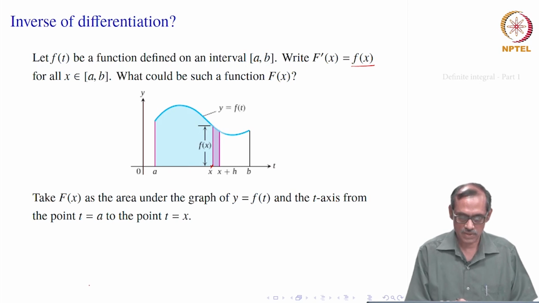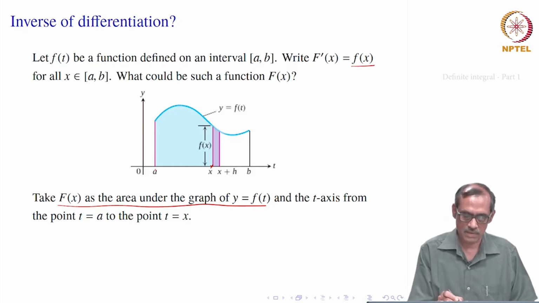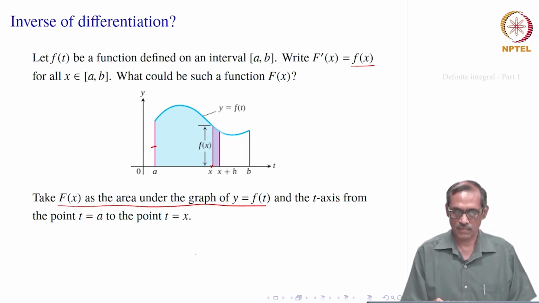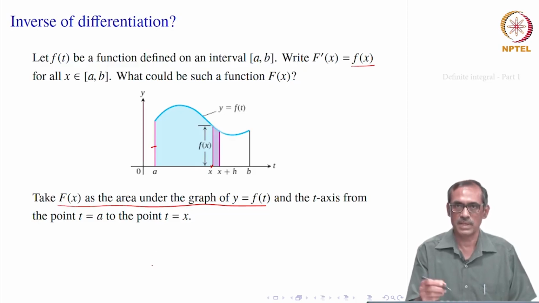Now, what we guess is, suppose I consider capital F of x as the area under the graph y equal to f of t, the t axis, the line t equal to a, and the line t equal to x. That means the area which is blue here.